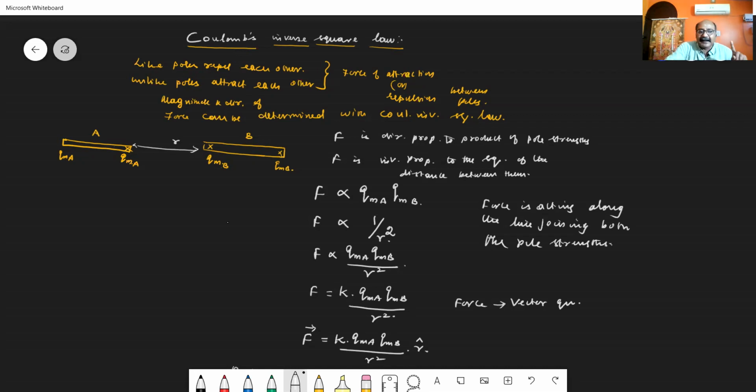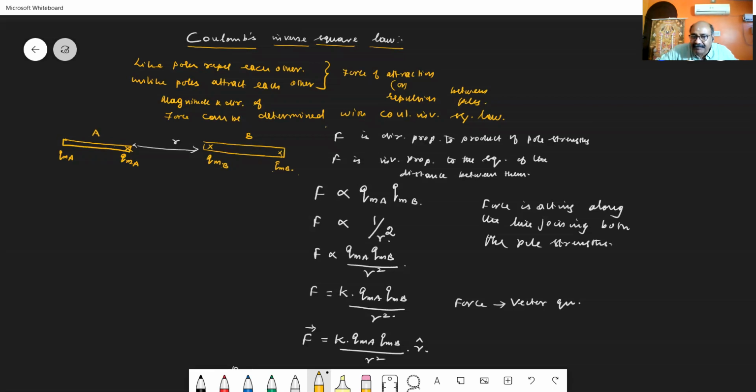Let one of the bar magnets be A and another bar magnet be B. Let the pole strength of bar magnet A be QMA and pole strength of bar magnet B be QMB. You consider bar magnet A and bar magnet B in such a way that they are separated by a small distance r.